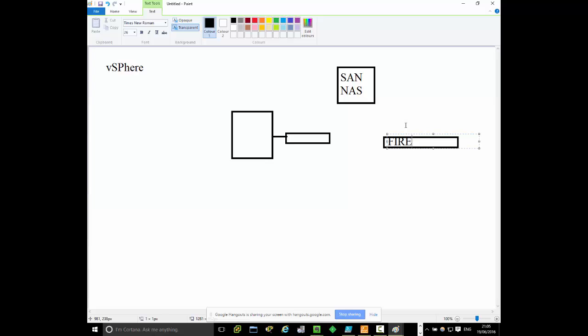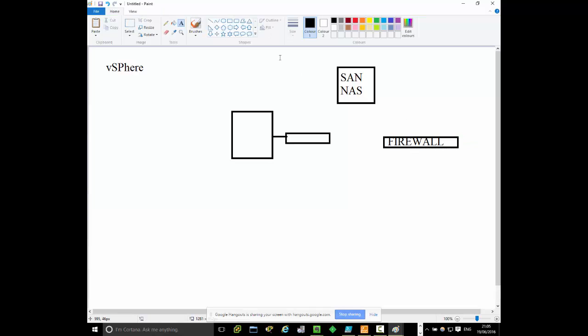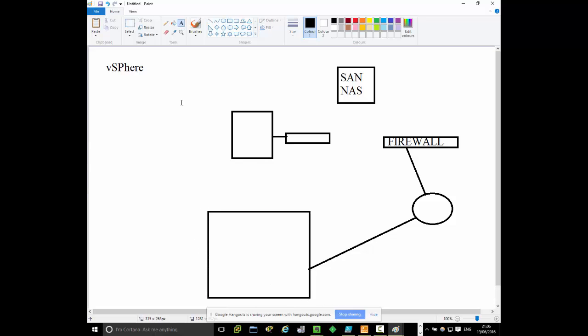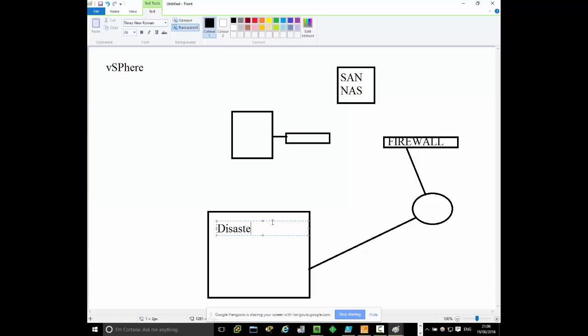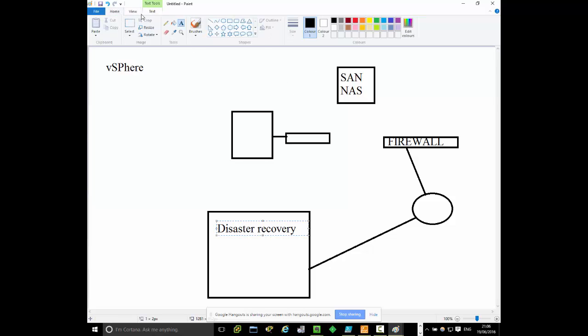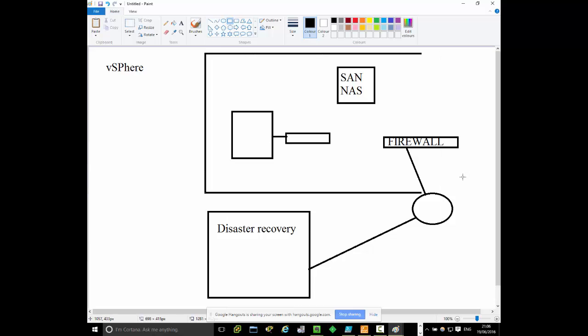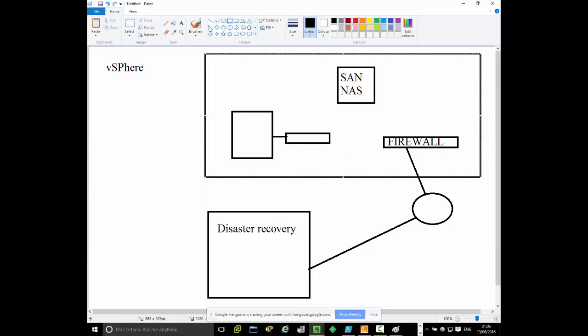And at the same time, that's connecting over to your router that goes out either to a leased line or to a public internet line, to maybe another data center around the world, where it's going to be doing its replication and disaster recovery, so that if something were to happen to this old data center and it were to go down, your services are still protected.